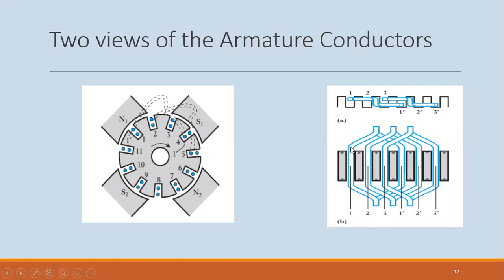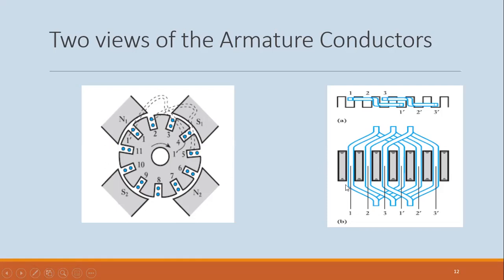So this is probably a better view of what's happening there. Conductor 1 moves like this. There's a twist up here to allow it to come into slot number 4 here, right? And it is joined back here, right? So two conductors, conductor 1 and conductor 1 prime, joined together, are fitted in the slot.